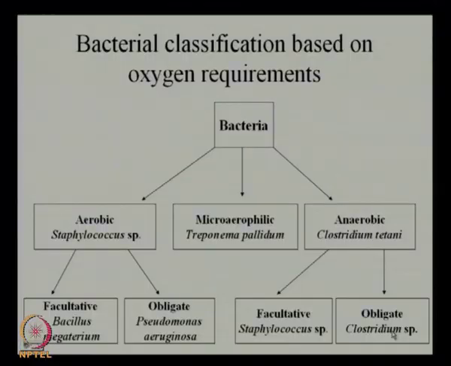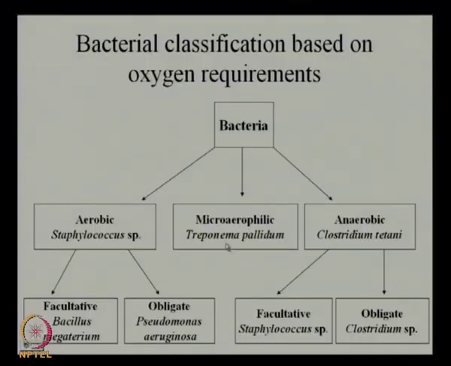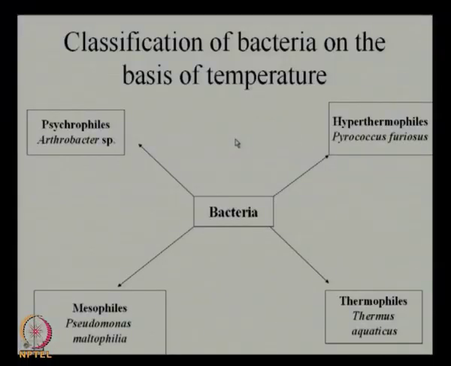In case of obligate anaerobes, oxygen is too toxic, they do not need any trace of oxygen, and some are microaerophilic, that means they can grow in low oxygen demand. So, these are the classifications based on oxygen requirement.